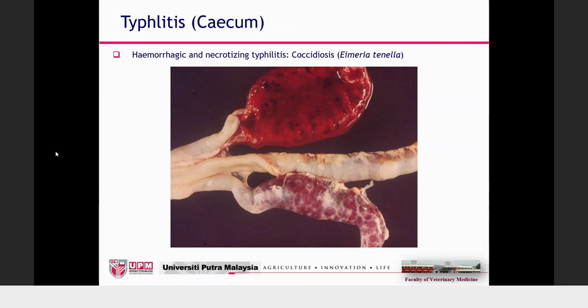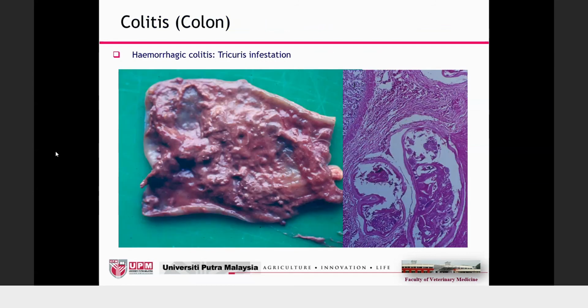But in cases of Eimeria tenella, the protozoa actually infiltrate the mucosa, submucosa, and also involve the blood vessels. That's why you can see the hemorrhages. Very deep infiltration. And this is a case of hemorrhagic colitis.